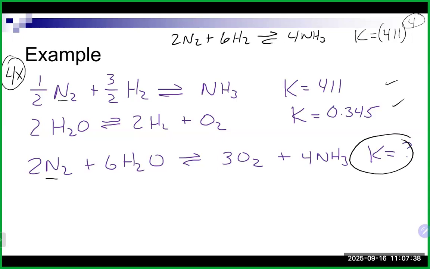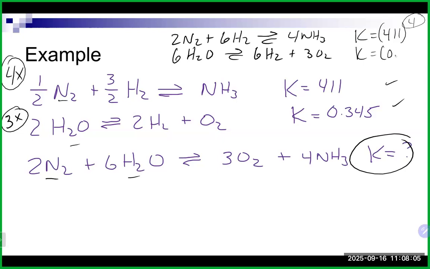On the bottom here, again, I need water on the left, and I do have it on the left, so we're good there. But we do need 6 waters, so I think we're going to have to multiply the bottom here by 3, and that's going to give us 6 waters goes to 6H2 and 3O2. Here I multiplied only by 3 in this case, so we're going to actually cube the K value.